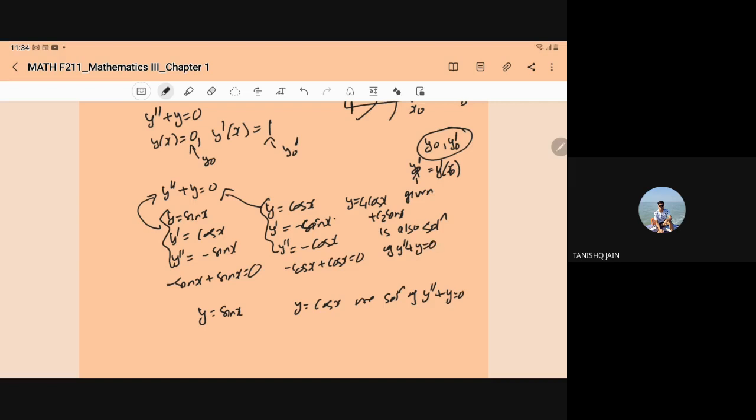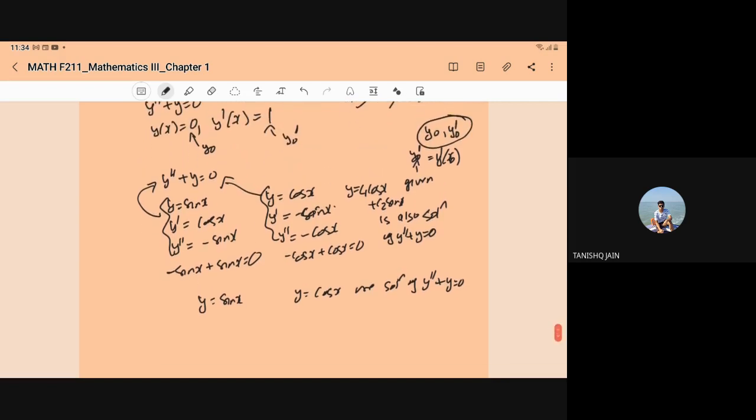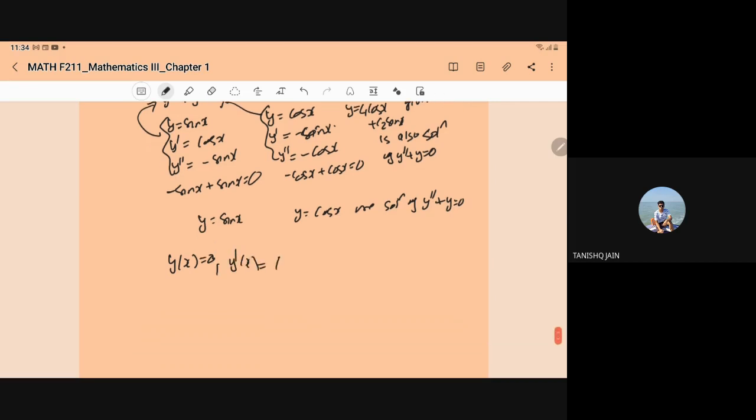So you are seeing here that we have many solutions for this. But as the condition is given to you, y(0) is equal to 0 and y dash(0) is equal to 1, there exists a unique solution.